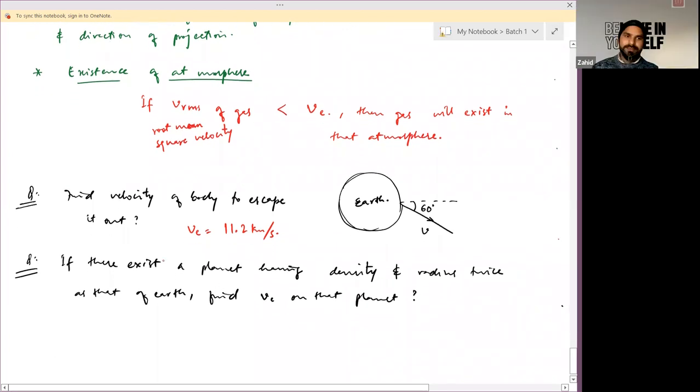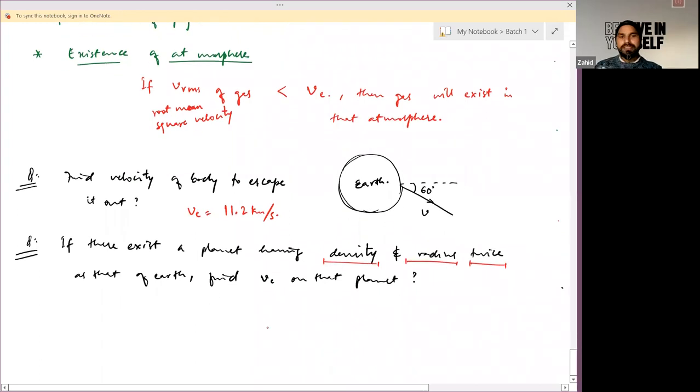Now, the next question is, if there exists a planet whose density and radius are twice that of Earth, we have to calculate the escape velocity on that particular planet. So you may write escape velocity in terms of density as root of 8 pi rho G R squared by 3.